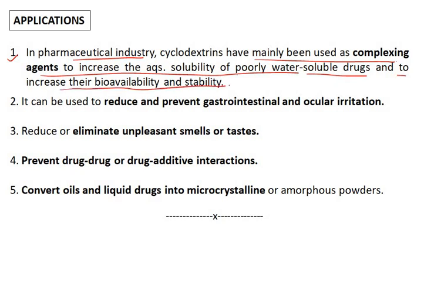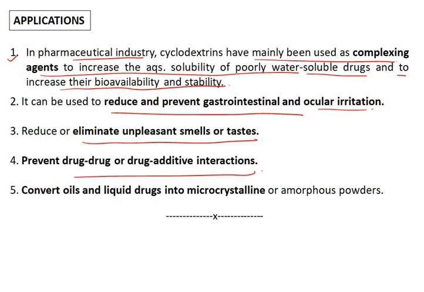Because drugs are sometimes very poorly dissolved in water, we need a complexing agent, for example cyclodextrin, which can attach with the drugs and make them bioavailable, right? It can be used to reduce and prevent gastrointestinal and ocular irritation, reduce or eliminate unpleasant smells or taste, prevent drug-drug interaction, and so on.